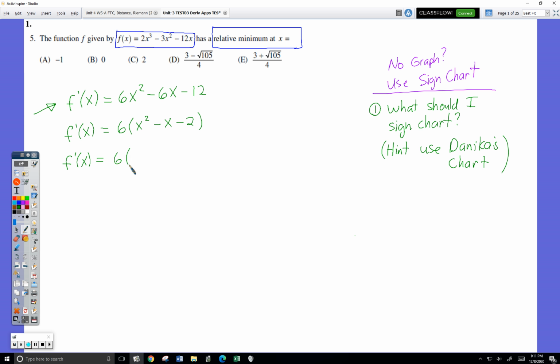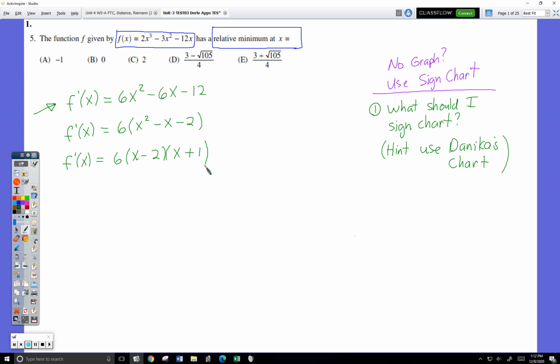So then you would do x minus, and then you would see what multiplies negative 2 and adds to negative 1. So that would be minus 2, and then x plus 1.